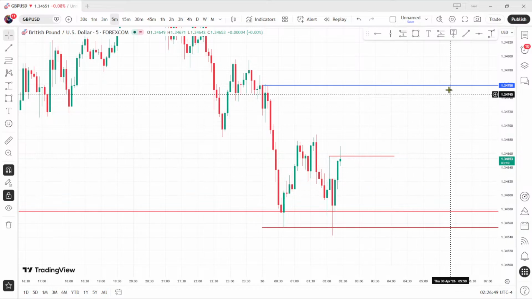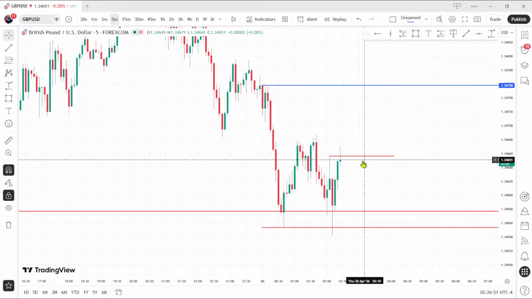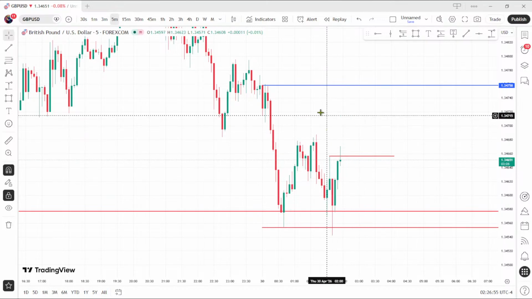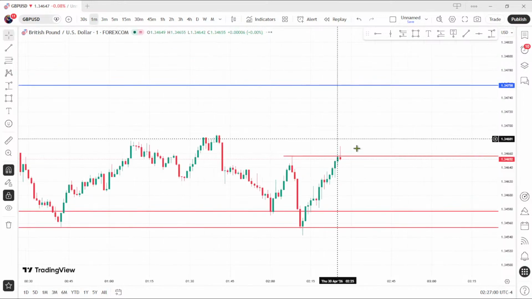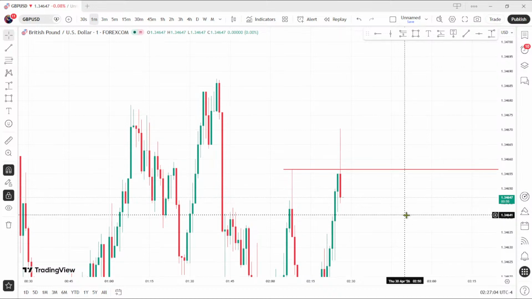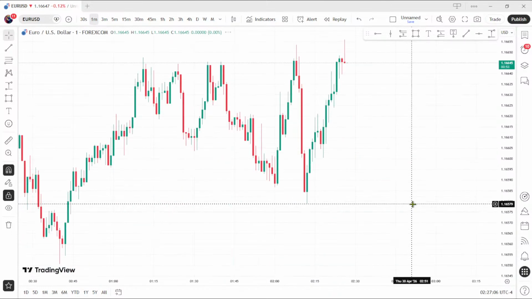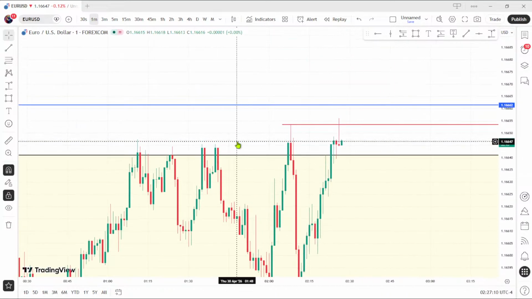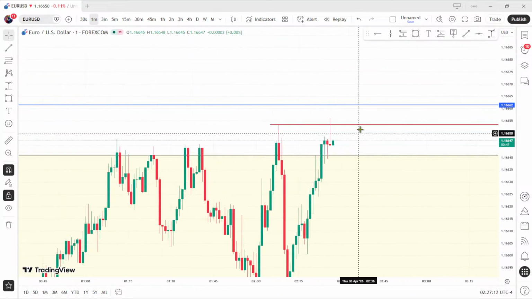Then we'll probably, it has done a market structure shift there because we're below the midnight opening price. I'm not going to hurry to enter the buy. Let's see, market structure shift in the euro. Yeah, it has done the market structure shift.